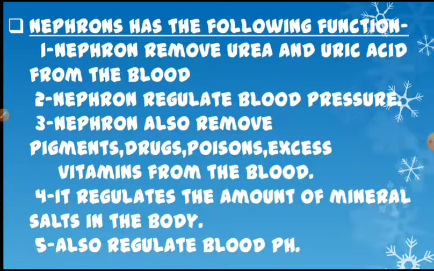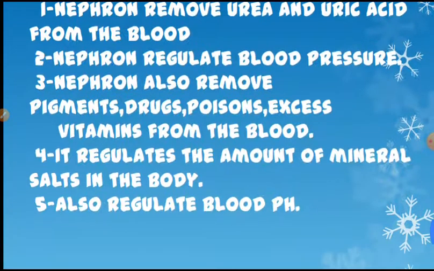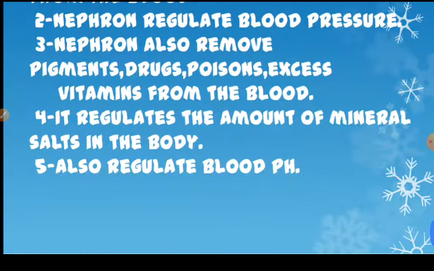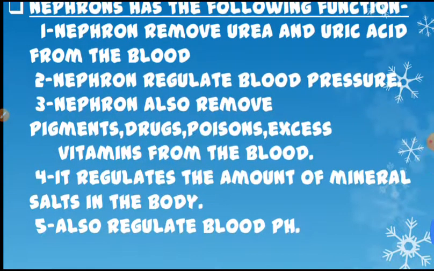The nephron also removes pigments, drugs, poisons and excess vitamins from the blood, and it regulates the amount of mineral salts in the body and also regulates the blood pH. That's why these nephrons are very, very important, and you have to learn it well. It is also an important question for your final exams.